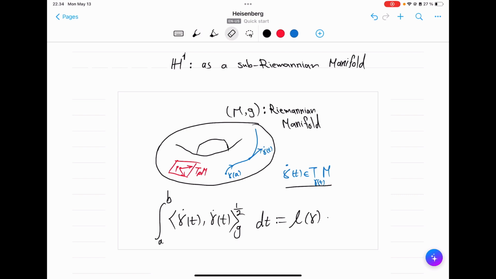So technically we should be writing G at gamma t, but that just takes the notation out of control. So it's understood that this dot product is happening at this particular tangent space, and when you dot product a vector with itself and take a root, that defines a norm on that vector. It's a non-negative number, so we can integrate this function over the interval of parameterization of the curve to define the length of the curve.